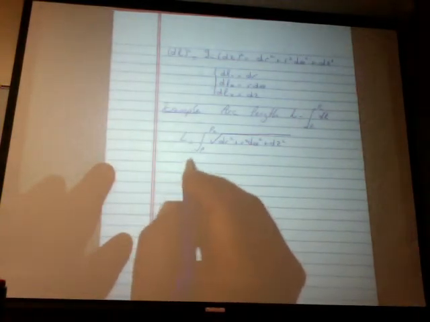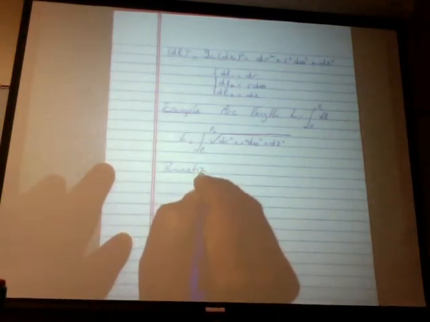And we can parameterize r, theta, and z. Remember, we're trying to calculate the arc length in space.